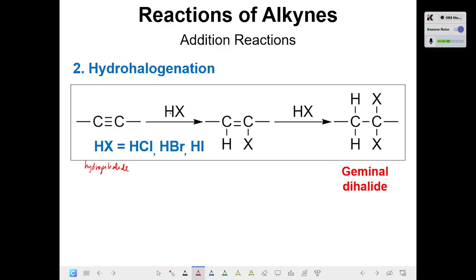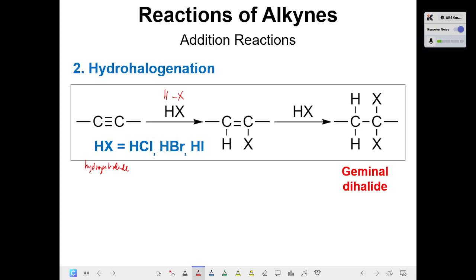So, what will happen ay, yung ating HX, maghihiwalay yan, and then the H will attach on one carbon, and the halogen will attach to another carbon.